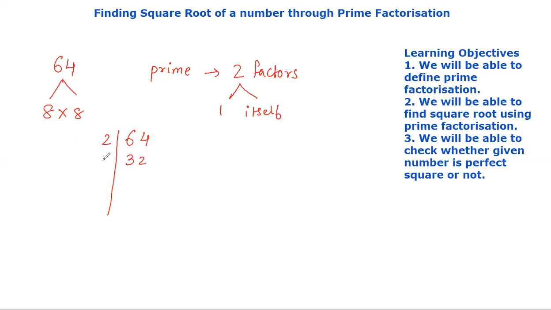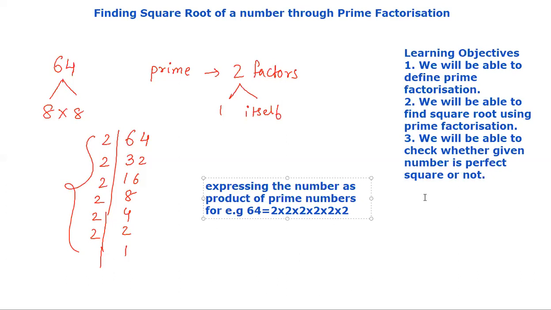So if I am doing the factorization of this would be, right? So you can see that the numbers are prime, right? The factors are prime. So prime factorization is nothing but expressing the numbers as product of prime numbers.